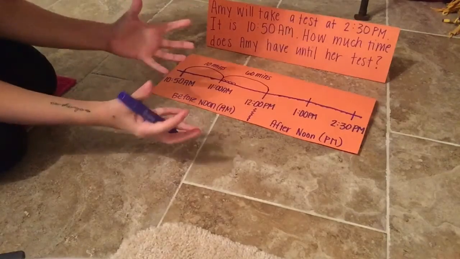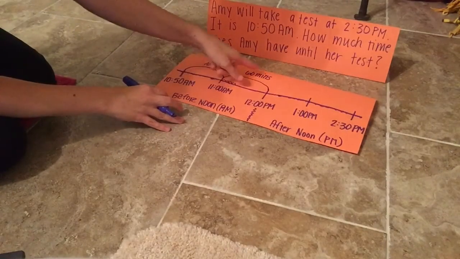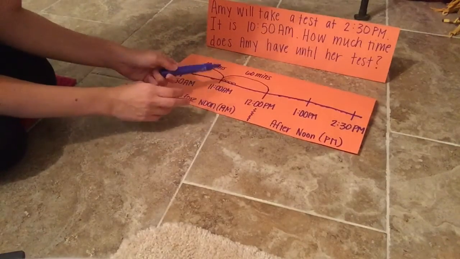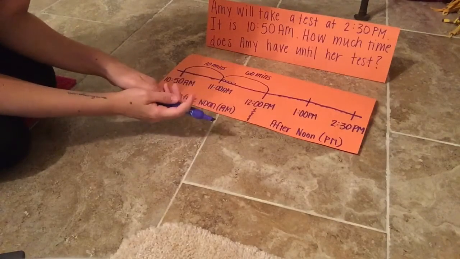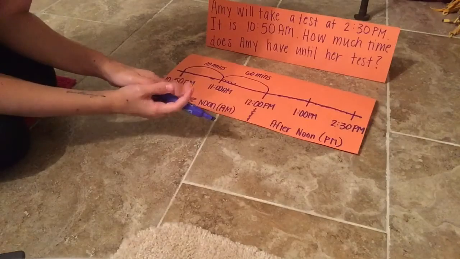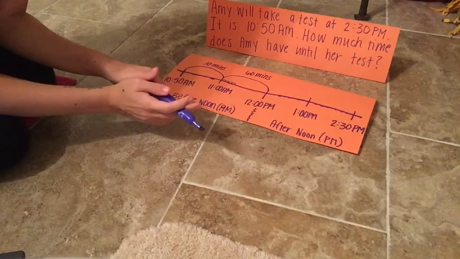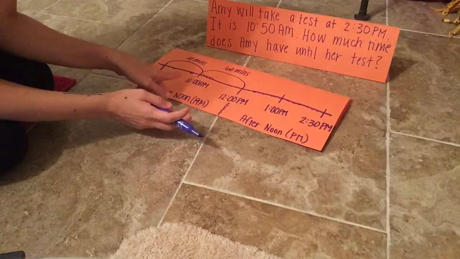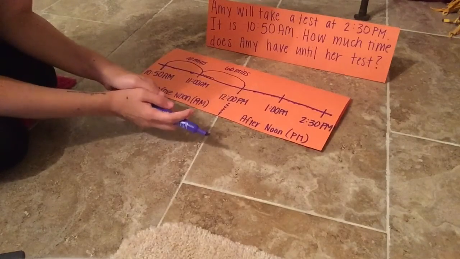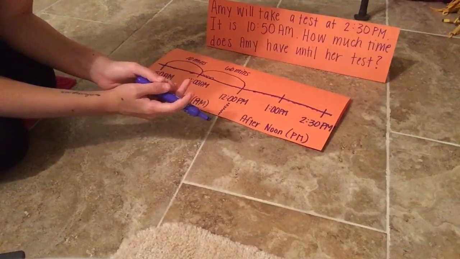I want to group all of that together and jump all across and make a 60 and make an hour, and that would make everything very easy to do. So I jumped all the way to 12 o'clock, but I still need to make it to 2:30.